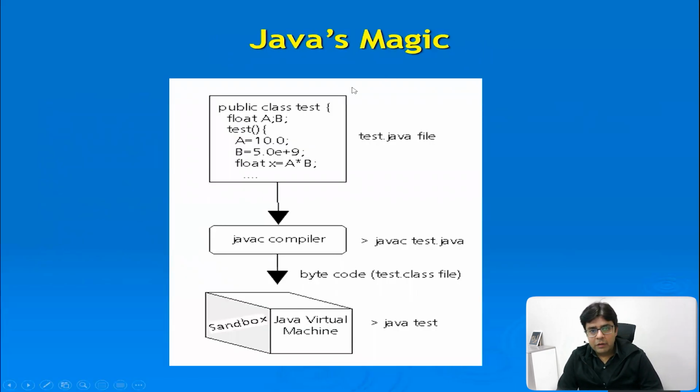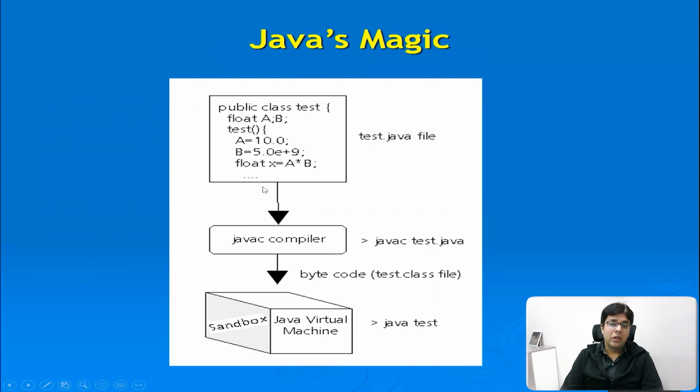When you write a program in Java, you always save it with the extension .java. When you compile the program, the compiler converts it into bytecode. Once the bytecode is created, it can be executed on any machine.